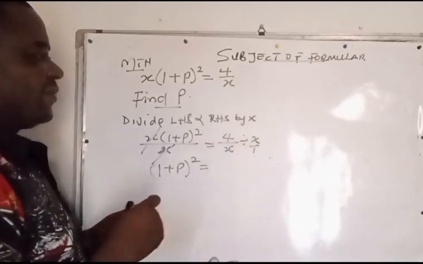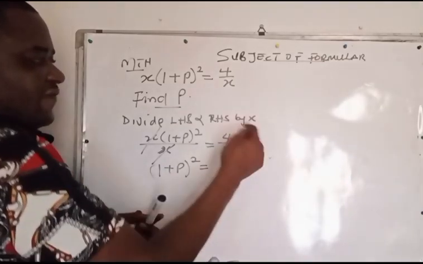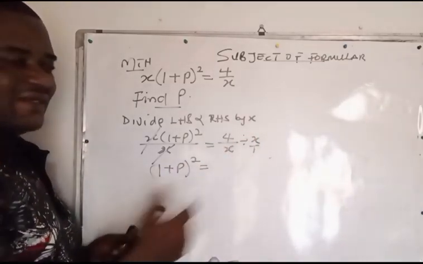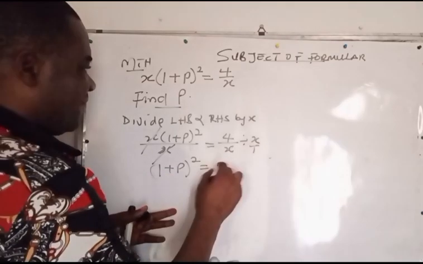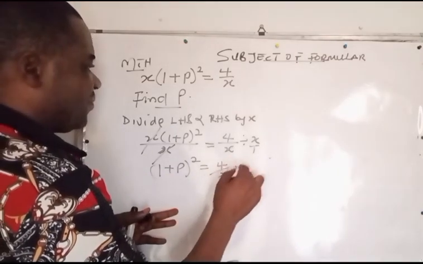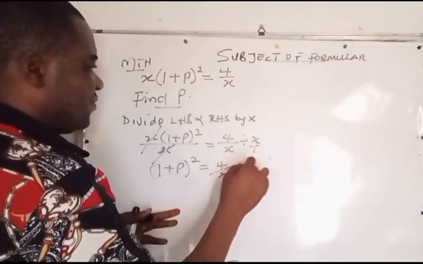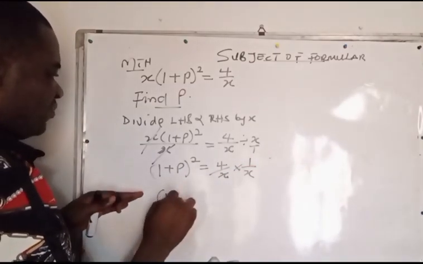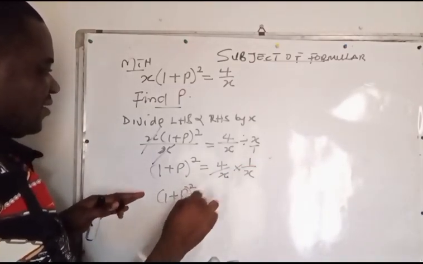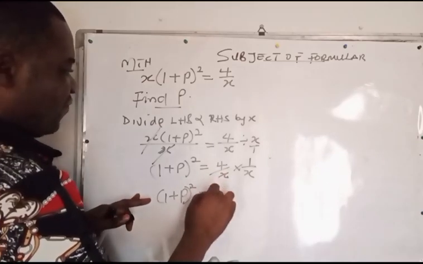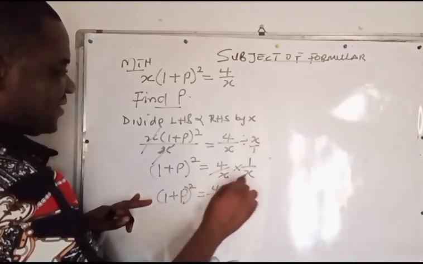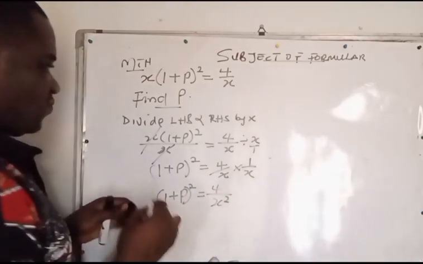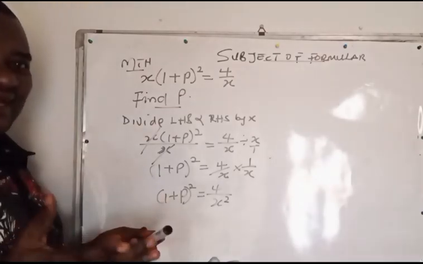If we change it to a multiplication sign, we are going to inverse what? The right hand side. So we're going to have 4 over x multiplied by 1 all over x. In that way, we're going to have 1 plus p square is equal to 4 all over what? x times x is what? x squared. Did you see that?